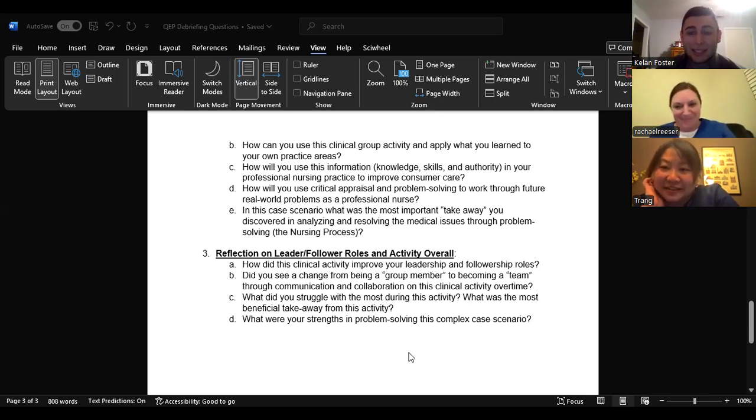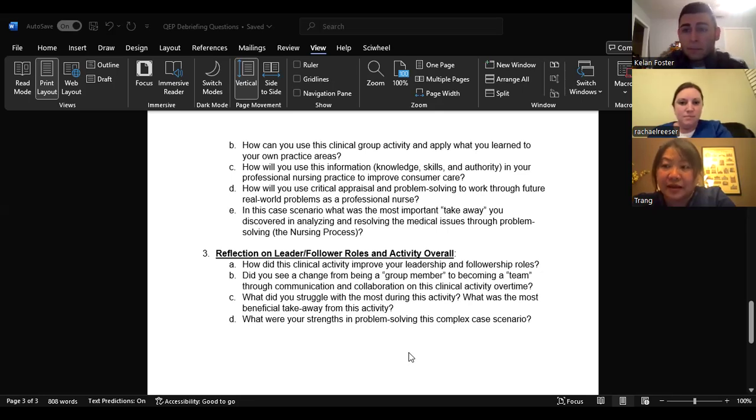So I think my answer for C is also an answer for D, because my struggle in this case is that I cannot put in my head and imagine the scenario in the OR.